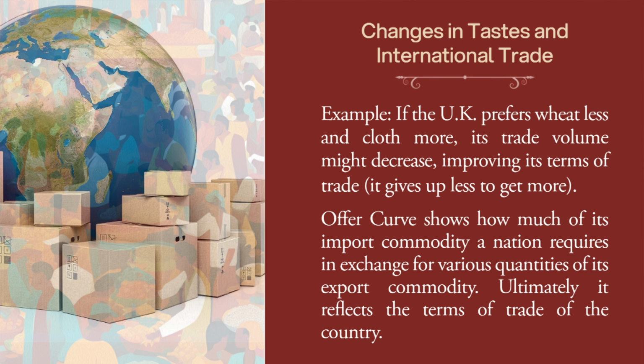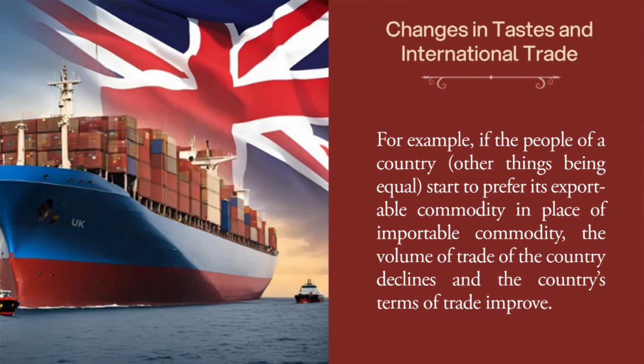A change in the taste and preference of a country alters the volume of trade and ultimately the nation's terms of trade. For example, if the people of a country, other things being equal, start to prefer its exportable commodity in place of its importable commodity, the volume of trade of the country declines and the country's terms of trade improves.